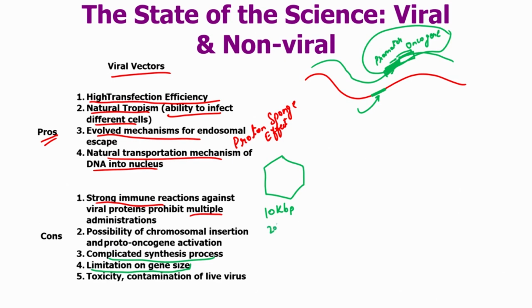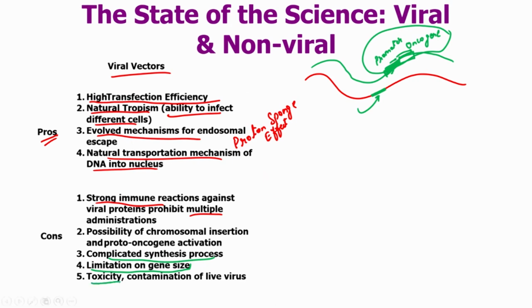I mean, it may have some stretchability, so you can add maybe a few kilo base pairs, but eventually you can't really put 100 kilo base pair in there. It is just too big to be loaded into the space that is given in the viral shell. So, if your gene is big, you have to look for some other way.